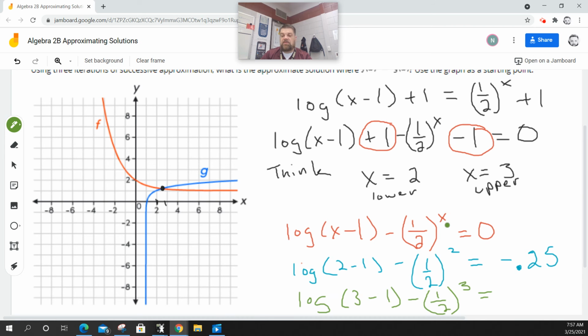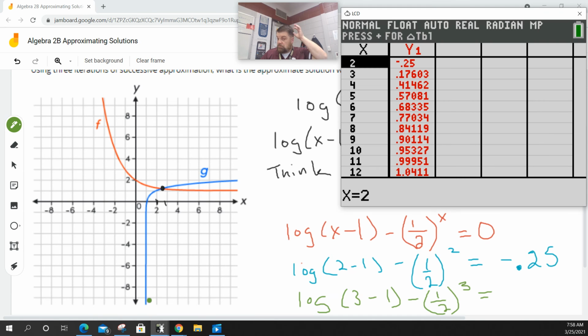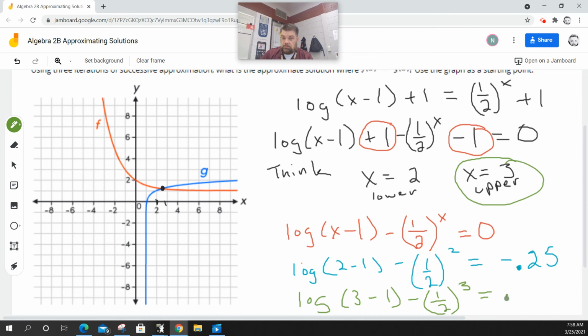So wherever there's an x, I'm going to plug in my lower boundary of 2 and my upper boundary of 3. And that's evaluated at 0.17 and some change. So what we have here is one yields a negative result and the other yields a positive result.